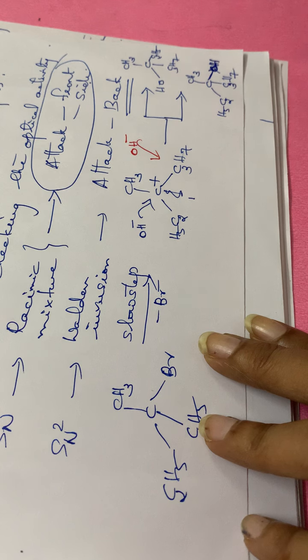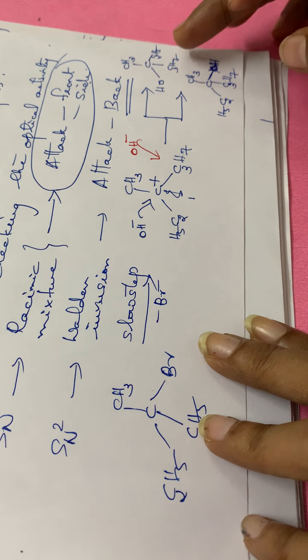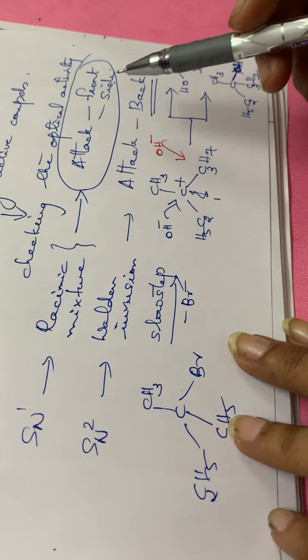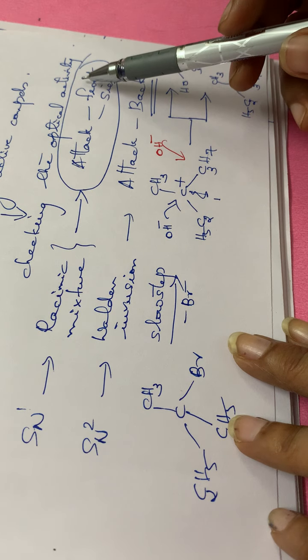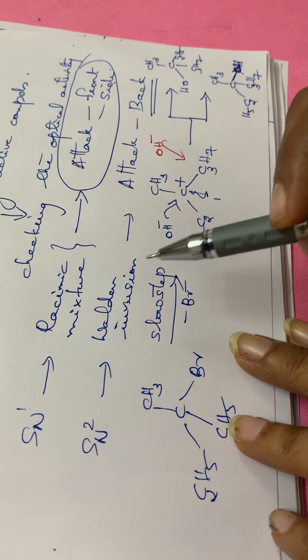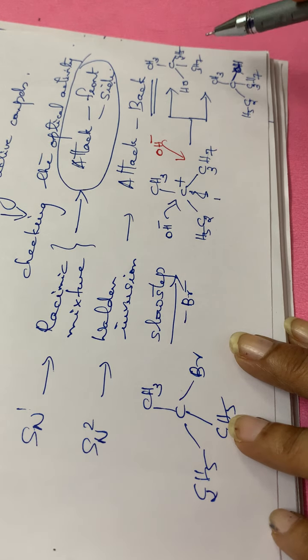Okay, so here we have got a racemization, or it will be an optically inactive compound, isn't it? So by checking the optical activity of the products, we will be reaching a conclusion whether the reaction follows SN1 or SN2, that is, whether we will be having an inverted configuration or a mixture of optically active as well as optically inactive compounds.